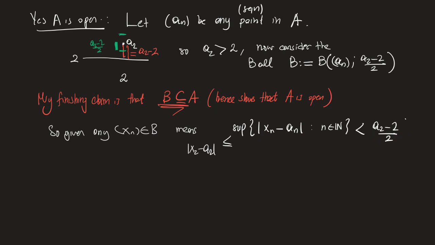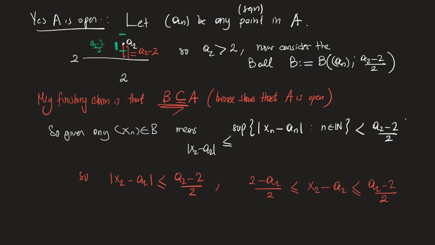So let me rewrite it. So |x2 minus a2| is less or equal to (a2 minus 2) over 2. So if you expand this inequality, you will have (2 minus a2) over 2 is less or equal to x2 minus a2, less than or equal to (a2 minus 2) over 2.